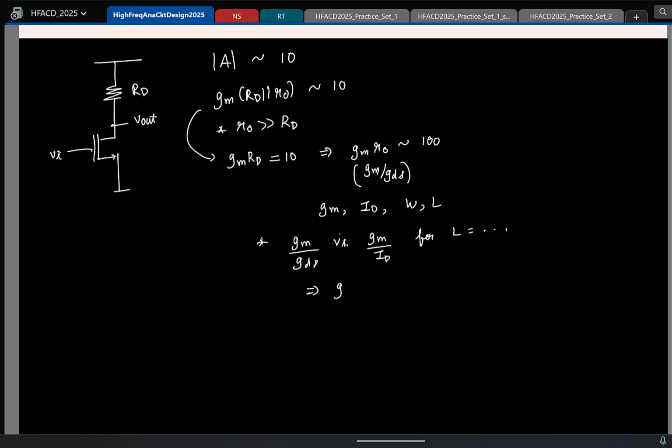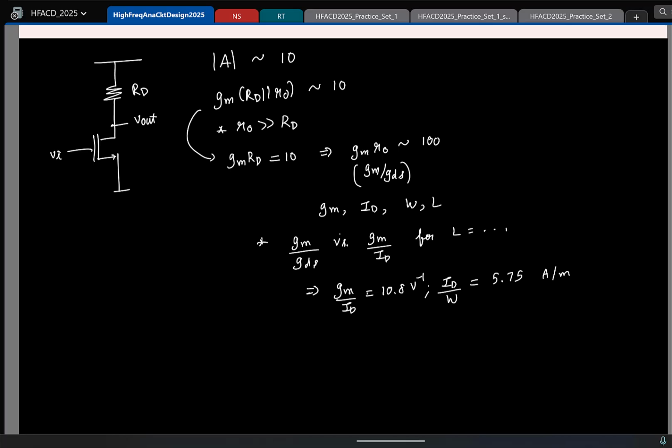So this gives me GM by ID, that's about 10.8. Similarly, to find the width, what parameter can I look at? I can look at ID by W, GM by W, anything. Let's say I look at ID by W and I find, I'll directly give you, this was about 5.75 I think. If I had to write the units also, this is volts inverse, this is ampere per meter.